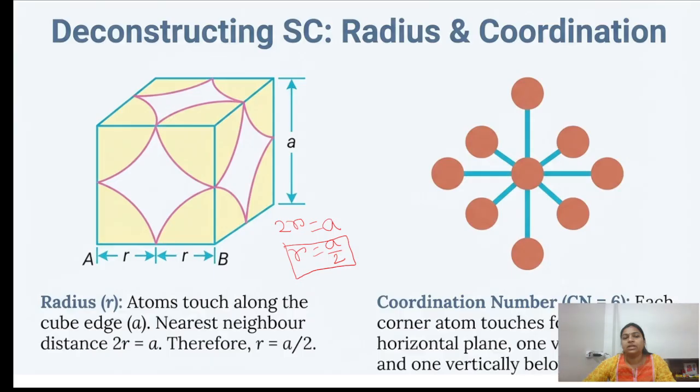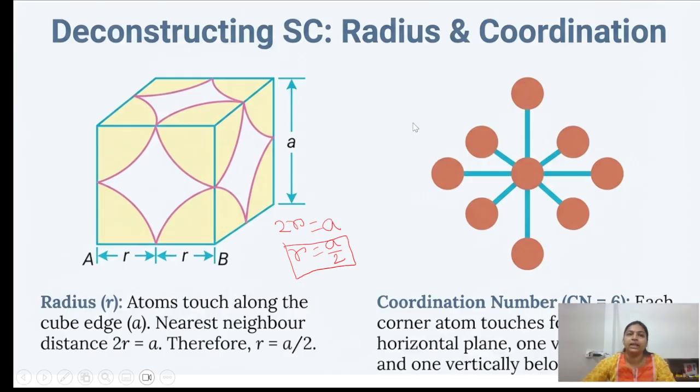This means that there are 6 equally spaced nearest neighbor atoms, each at a distance a from the atom. Therefore, the coordination number is 6.